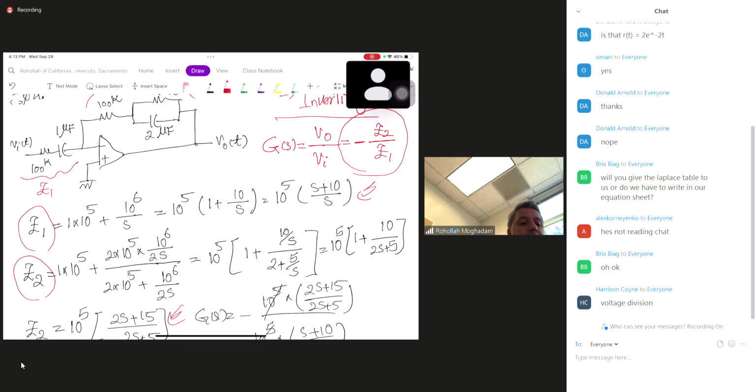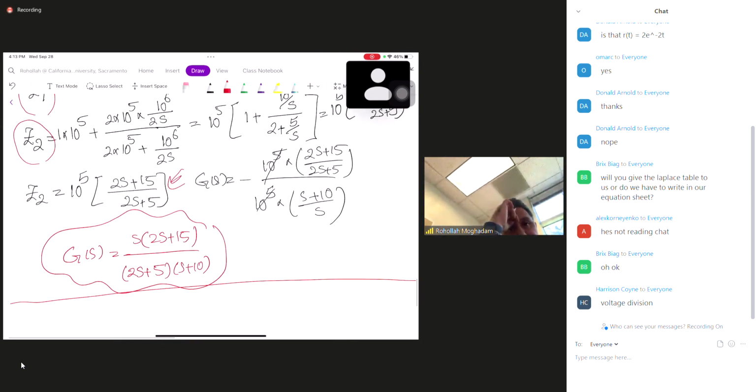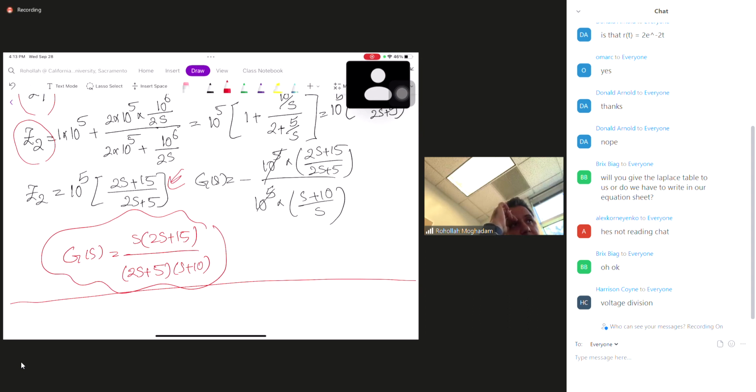Okay, so any other question? On the exams, is there going to be any integration? No, we'll not have any integration in the exam, but we'll definitely have differential equations.